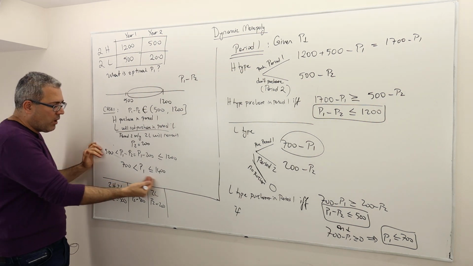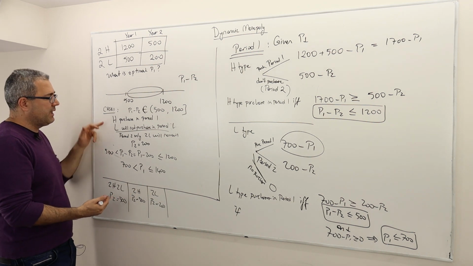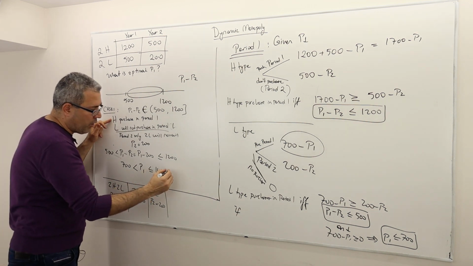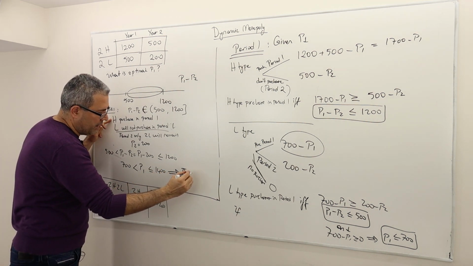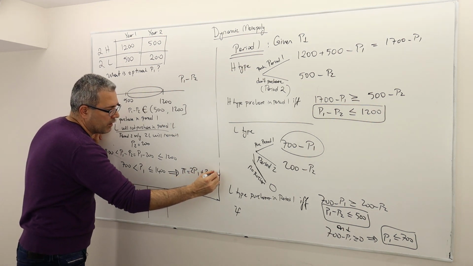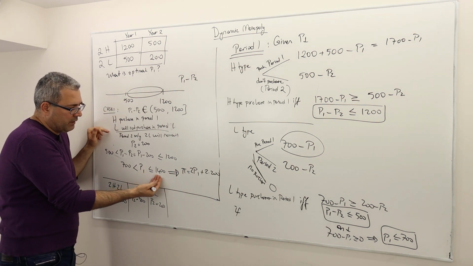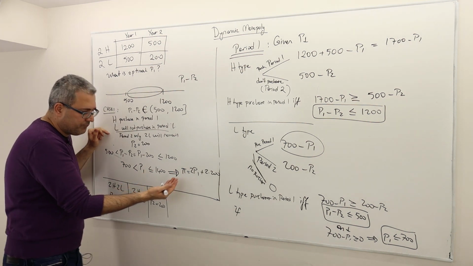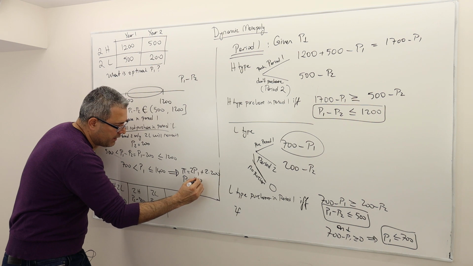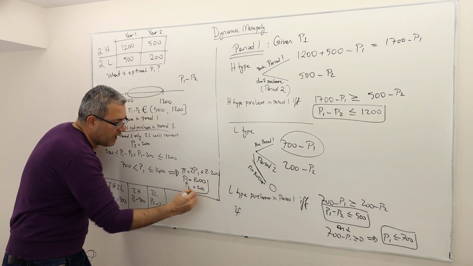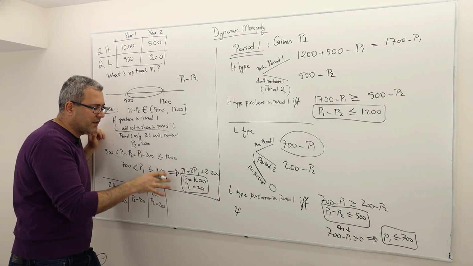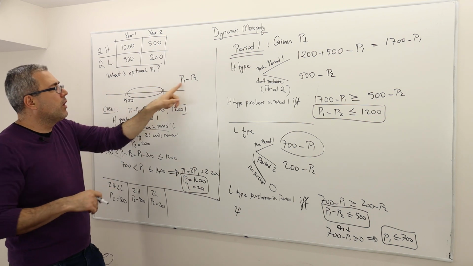So therefore, if P1 is in this range, both high types are purchasing in period 1, and so the profit is going to be 2P1 and then 2 times P2, so 2 times 200. But you know what? P1 can be at most 1400, and hence the maximum profit is going to be when P1 is equal to 1400 and P2 is equal to 200. This is exactly what we found, remember?